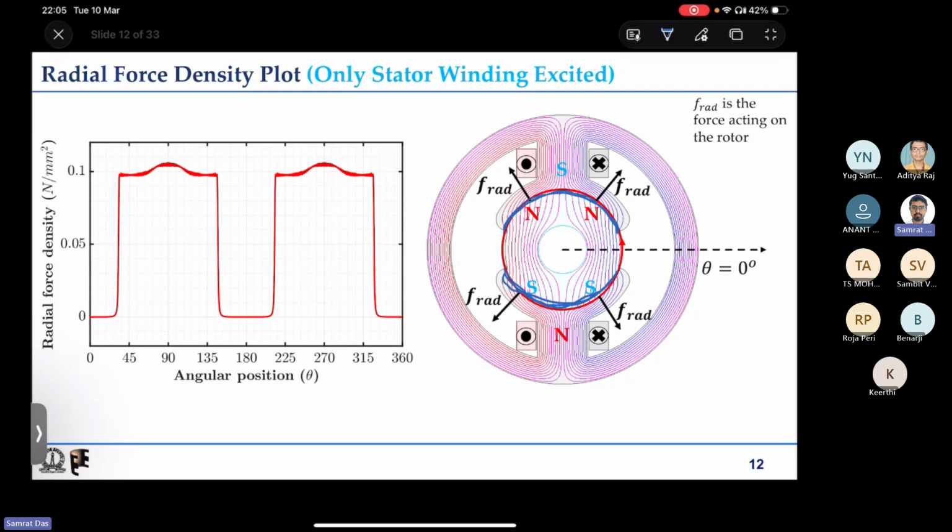So if it indicates the force acting on the rotor, then you have the force acting on the rotor like this. So the radial component of force density is about a constant number under the pole, and here it is always radially outward, here also radially outward, right? That is about the force acting on the rotor.